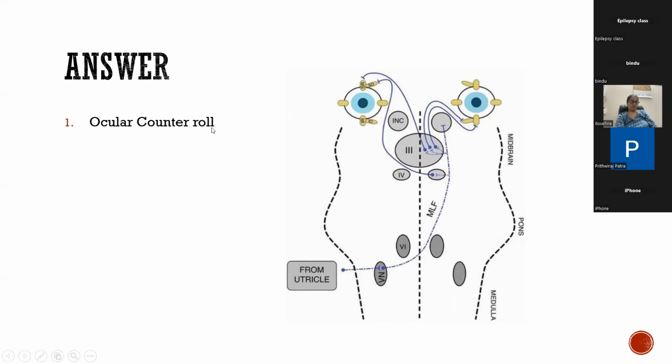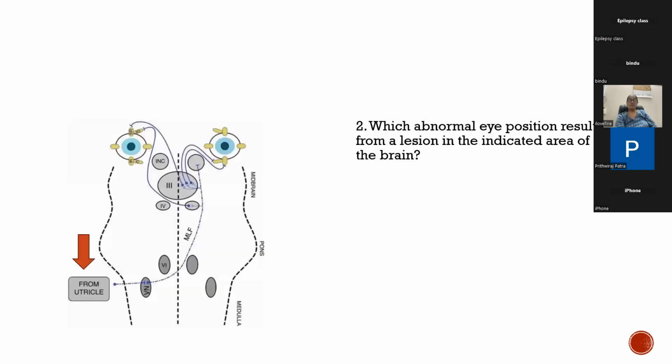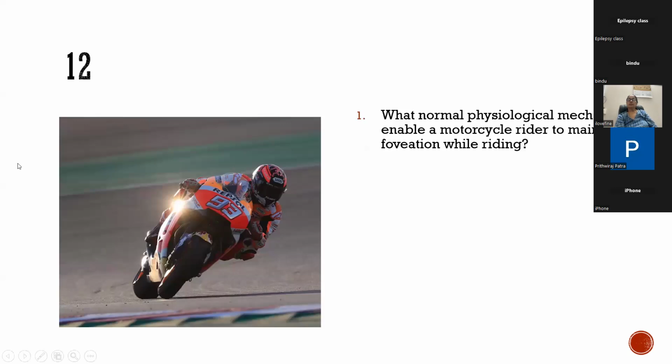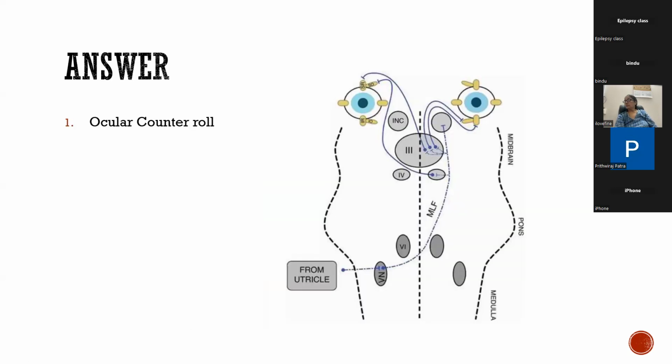So here the bike rider's head is tilted to one side, so he has to foveate ahead. The mechanism which helps him to focus on the object of interest is called ocular counter roll. So in the oculocephalic reflex, the eye is moving in horizontal or vertical directions.